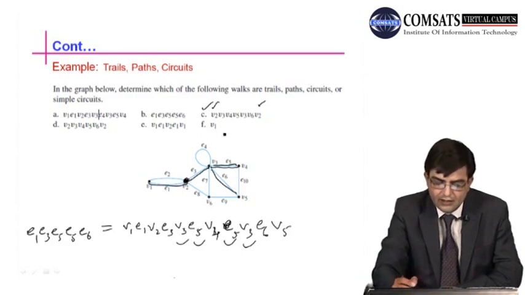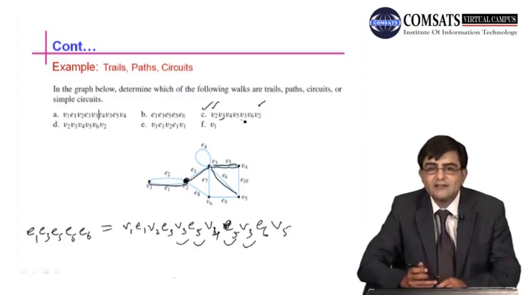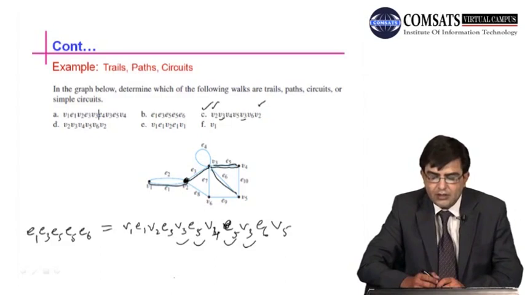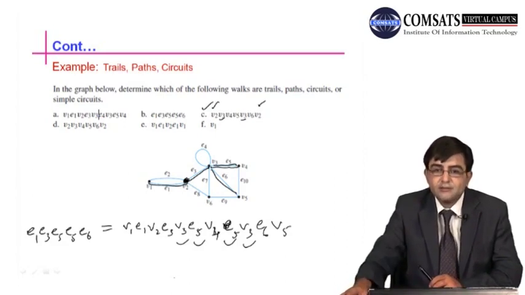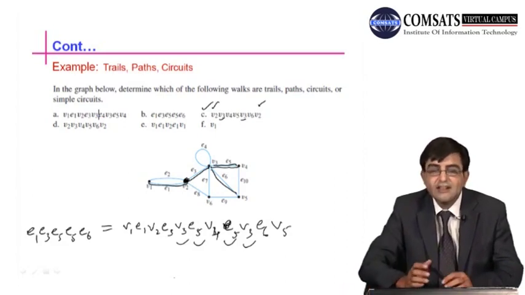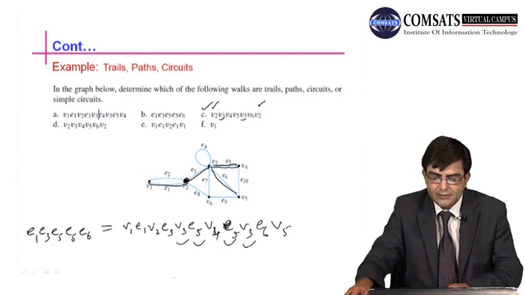So here we have a repeated vertex, but no edge is repeating. So this could be a circuit because it contains at least one edge, the starting and ending point are the same, and no edge is repeating, but vertex V3 is repeating here.